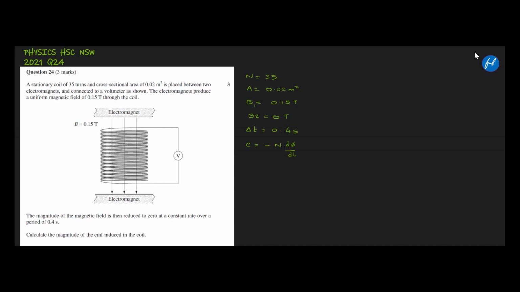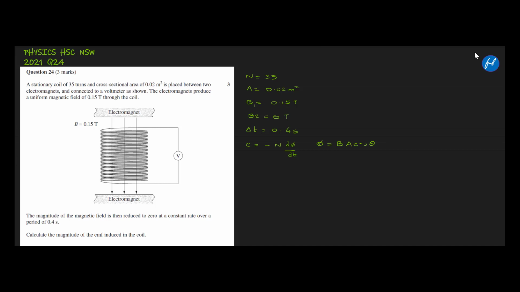And what is the relation between phi and B? So that is given by phi is equal to B dot A, that will be equal to B A cos theta.